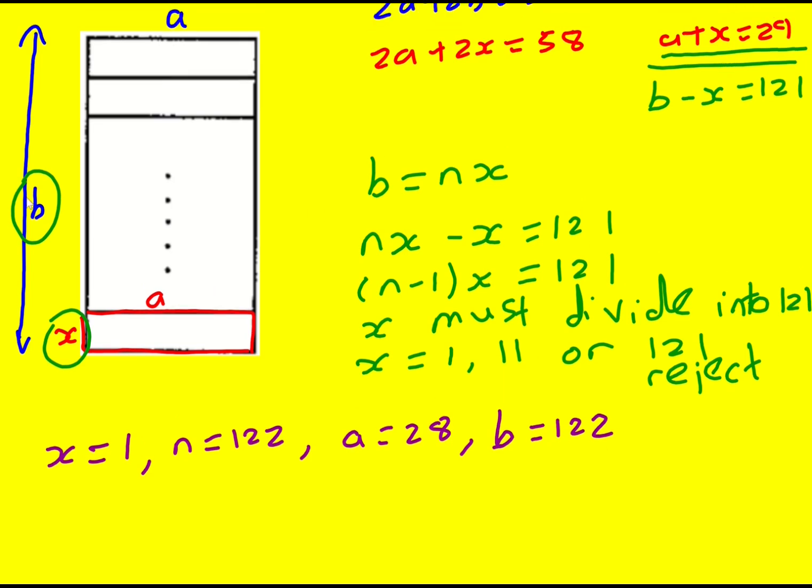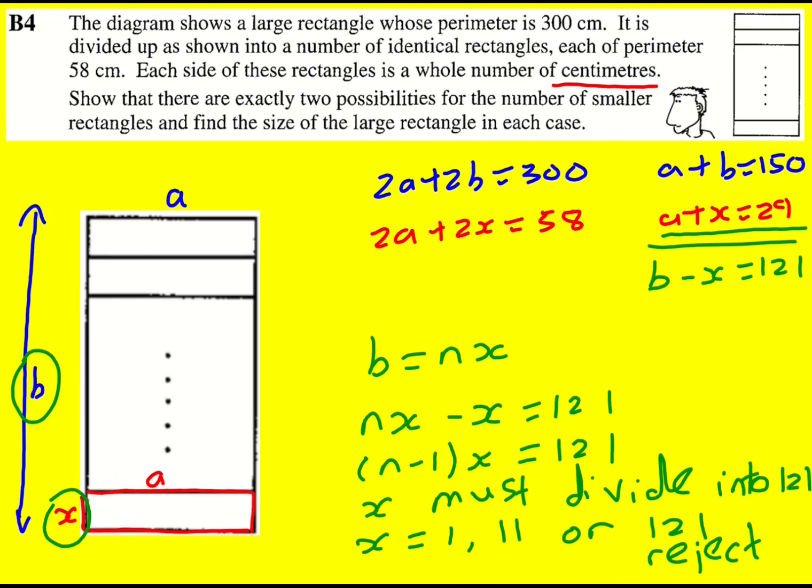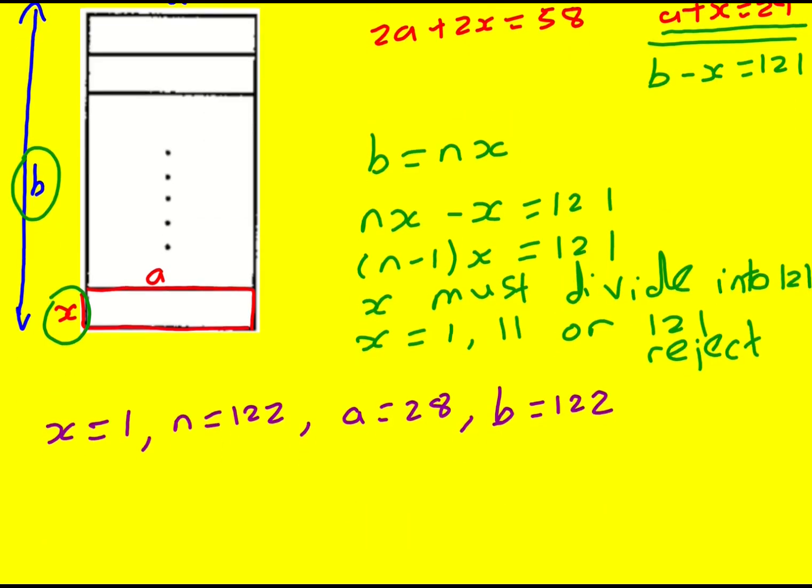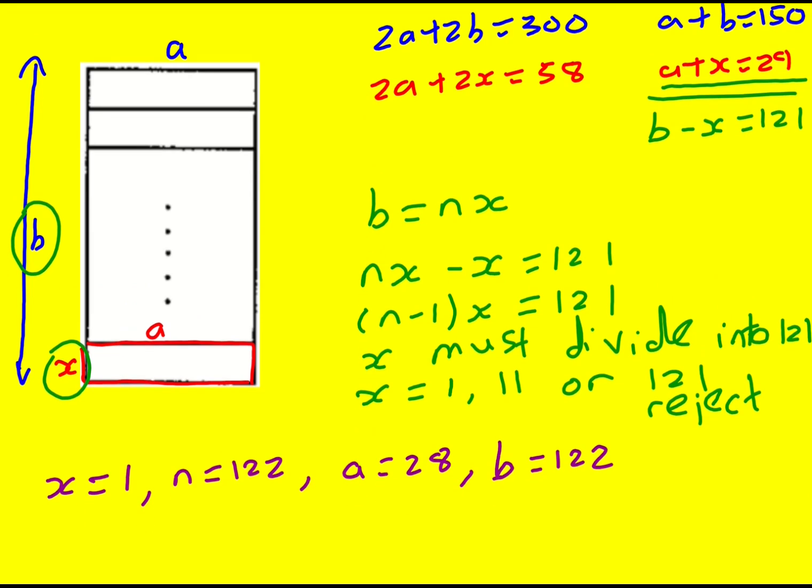So we've got a rectangle which is 122 in height. We're fitting 122 lots of 1 in length rectangles here, and A is 28, and this will satisfy all the conditions. So find the size of the large rectangle in each case. Well, it's going to be 28 by 122. So I'll just put a box around that.